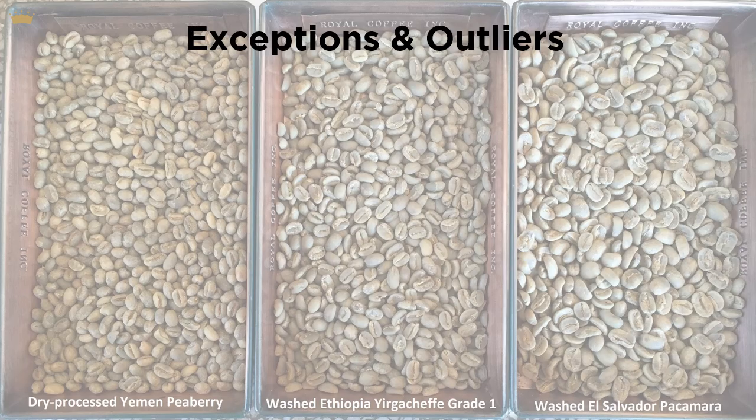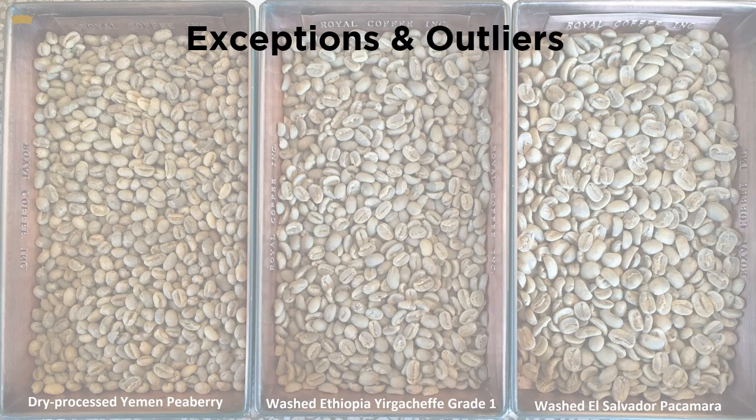And I think that we see some resistance to this in the specialty quality micro lots these days. These small, high-quality dry-pressed Yemens, for example, or our El Salvador Pacamaras that don't fall into these categories. Plenty of other examples. And the main one that I see a lot of is the single estate Colombian coffees, which buck the tradition of grading into Supremos and Excelsos.